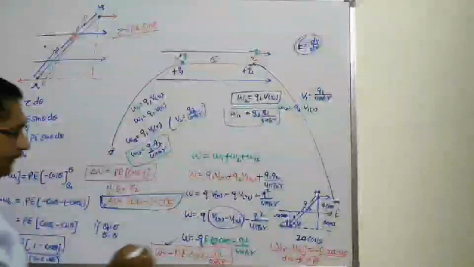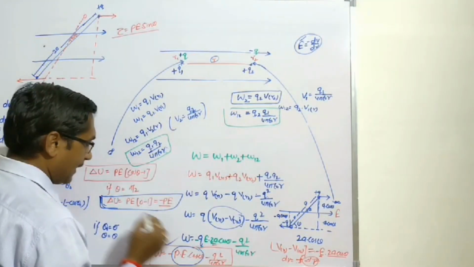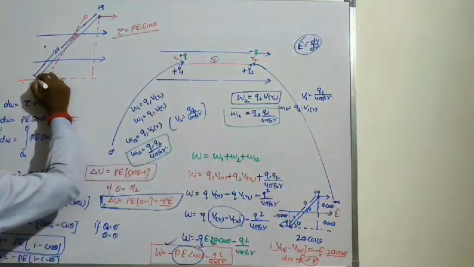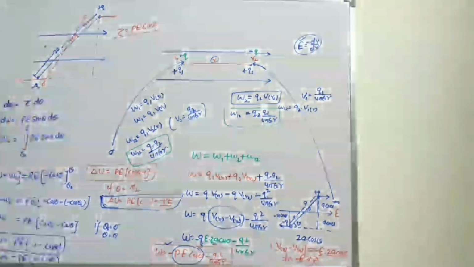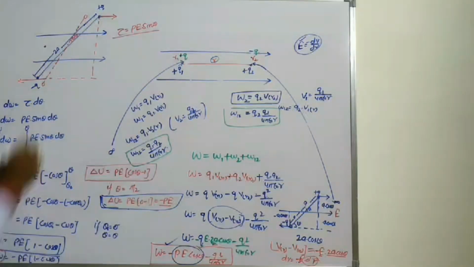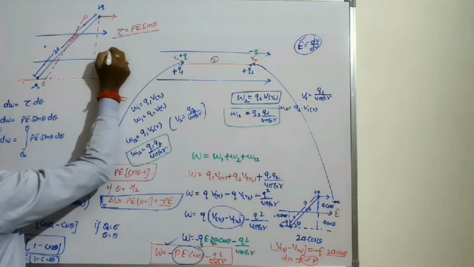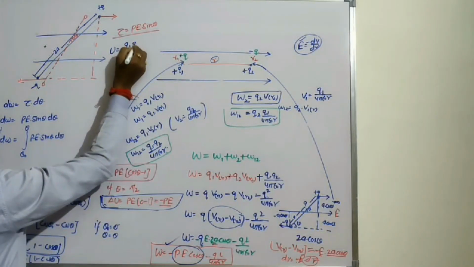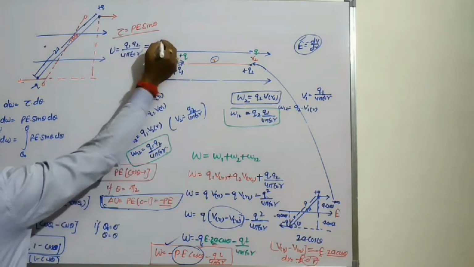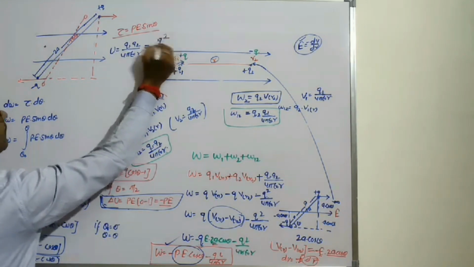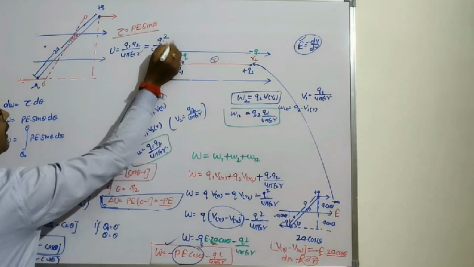And the potential energy between two charged particles is q square upon 4 pi epsilon naught R. We studied in the previous class that the potential energy between two point charges is Q1 Q2 by 4 pi epsilon naught R, so here Q1 into Q1 gives q square by 4 pi epsilon naught R.